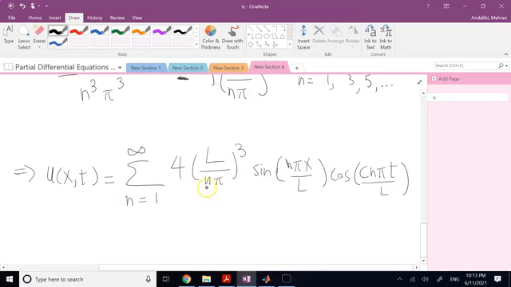As you see, these gains, these weights of the mode shapes, are proportional to 1 over n cubed. So it means as the mode shape number goes up, the weights of them go down. In other words, only the first few mode shapes have a meaningful gain and a meaningful contribution to the overall solution.